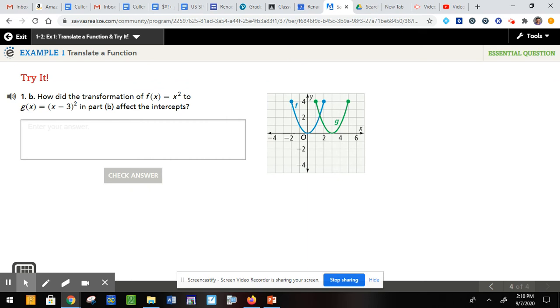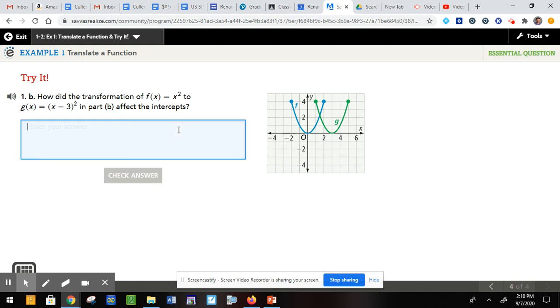So notice how in this one, the 3 that you're subtracting is inside the parentheses. Again, how that's going to affect it is it's going to move it either left or right instead of up or down. The left or right, well, in this case, the y-intercept for the original f function is 0. For the g function, since we're only looking at it on the domain that we are, now there is no y-intercept.